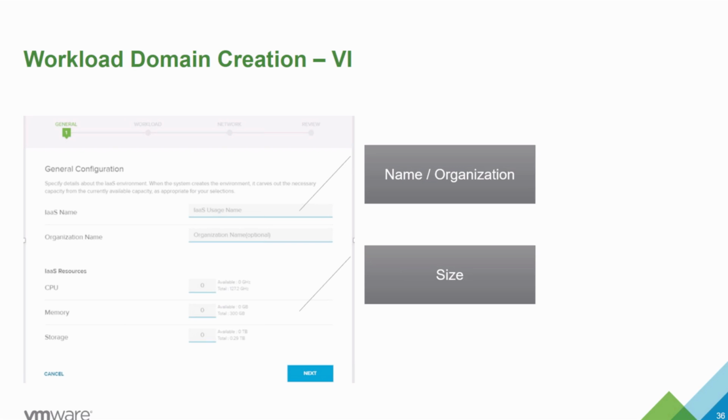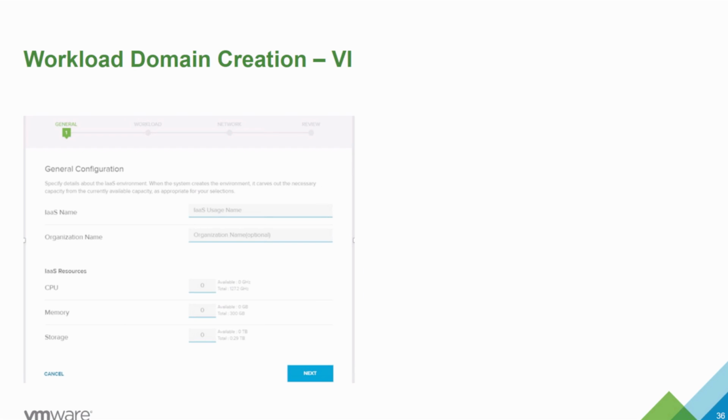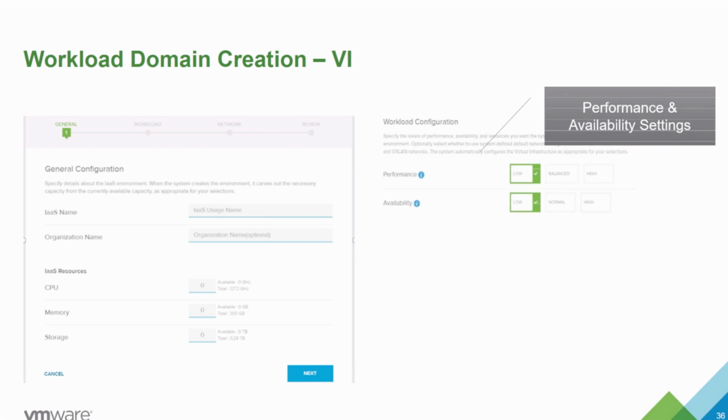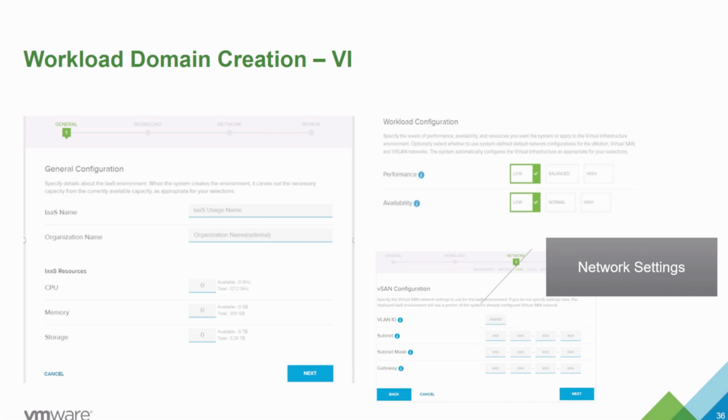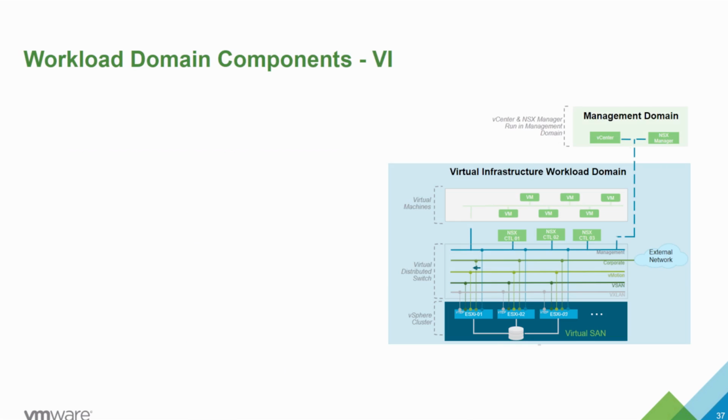Based on the numbers you put in here, SDDC Manager will figure out how many hosts you need to actually meet that demand and add those to the workload domain for you. Again, we're going to choose the high, medium, low kind of settings here for performance and availability, and some network settings. So choosing your VLAN, your subnets, etc. And off you go.